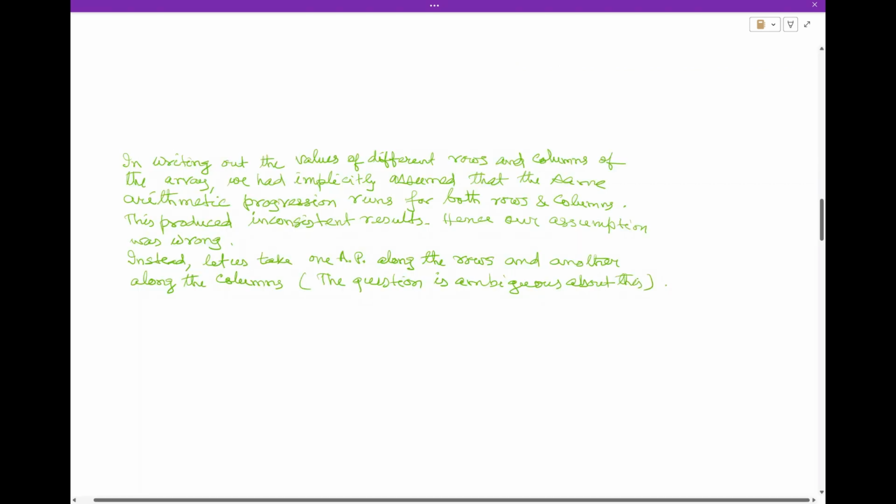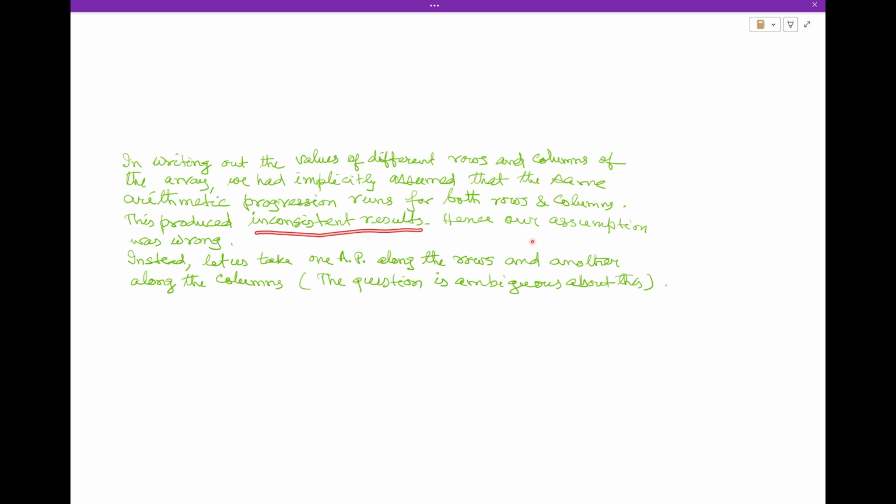In writing out the values of different rows and columns of the array, we had implicitly assumed that the same arithmetic progression runs for both the rows as well as columns. This produced inconsistent results.